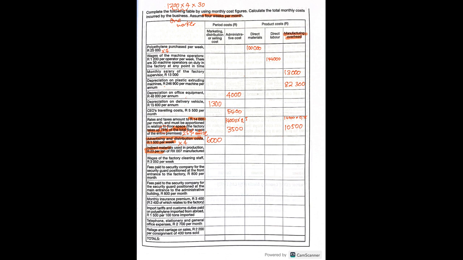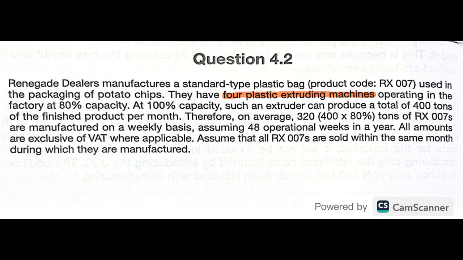Then we need to calculate it based on the fact that they said to us it was 23 Rand per ton produced. So firstly, it's 23 Rand per ton. The number of tons that are produced, we wrote here on the previous page, was 320 tons, but this was per week. And according to our calculations, we're doing it on a monthly basis.